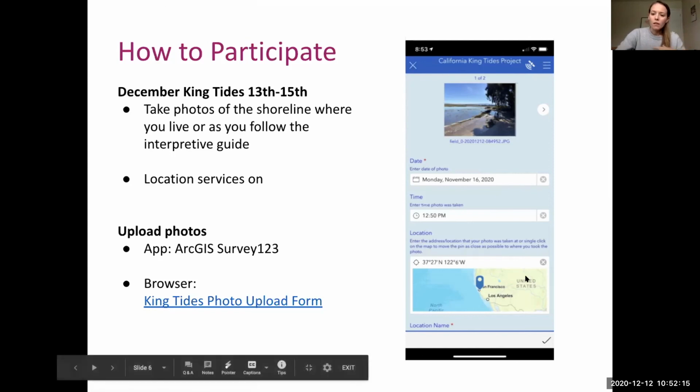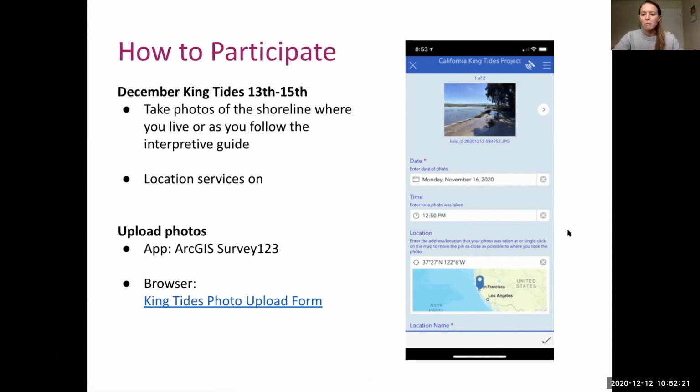And this is the information that you are submitting. You submit your picture, and if you have all your metadata permissions on, it should automatically load that in here, but you can also manually edit it. This is a picture I took during the previous King Tides in Palo Alto that I submitted. You just need the photo, date, time, and location.